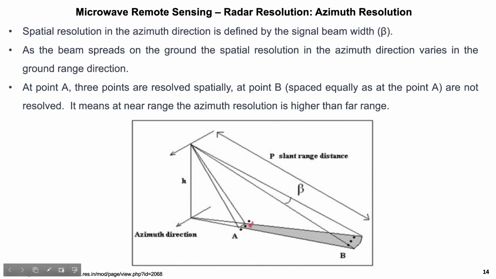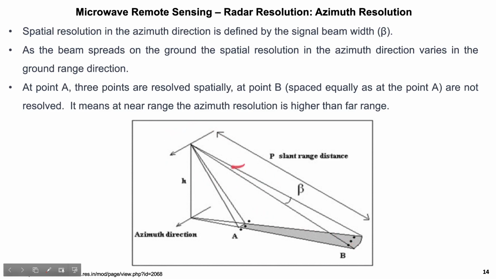So there are three objects spaced at equal distance from each other at both point A and point B. They are at the same distance in both the points. But you can see that in the near range, you will be able to identify only one target, but in the far range, you can see three targets.